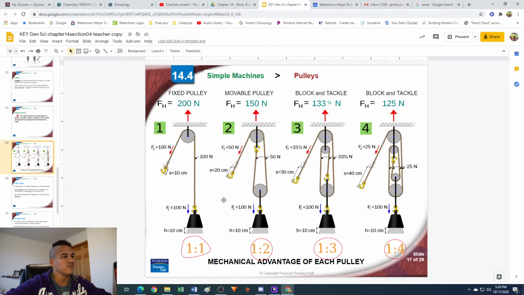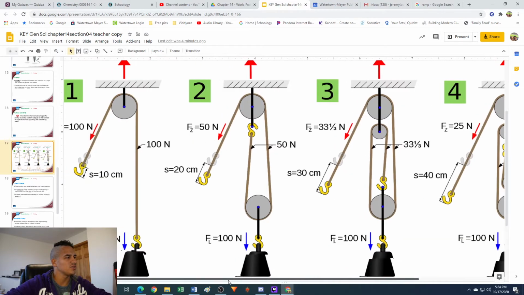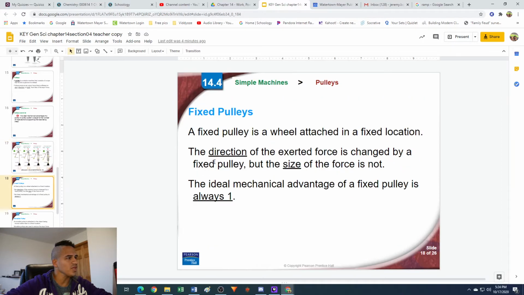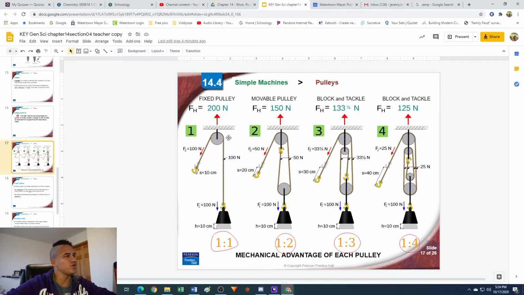So here are 4 pulleys, and this is going to show you exactly what we're talking about. We're going to zoom in on each one here. This is what's known as a fixed pulley. In a fixed pulley, you have a pulley that is essentially fixed in place. It's attached to the ceiling, can't go anywhere. You have your heavy object down here at the bottom.